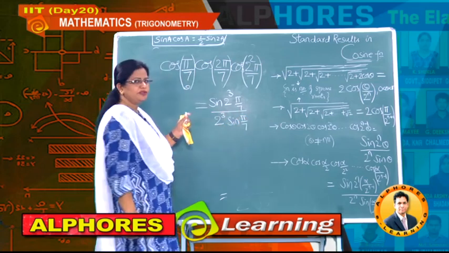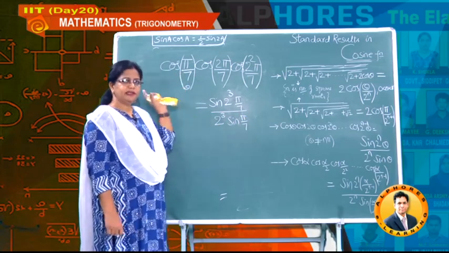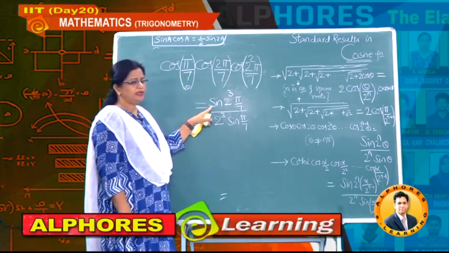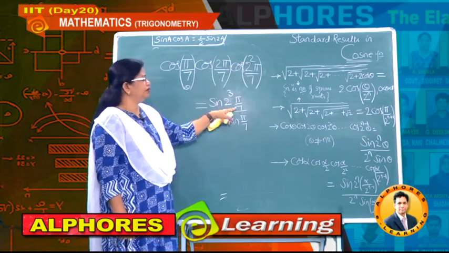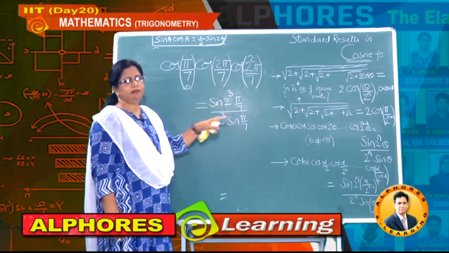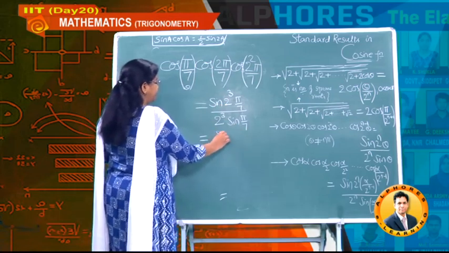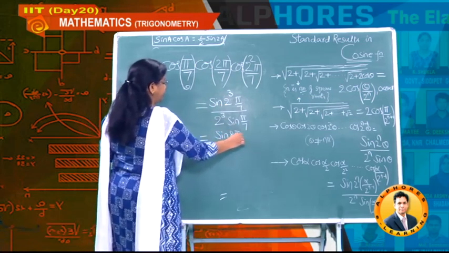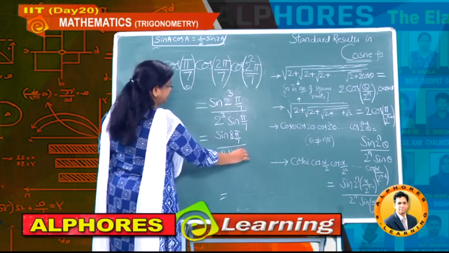Understand? So the theta in this problem is nothing but pi by 7. Therefore you got the sine ending with 2 square, continuation 2 cube, this theta is pi by 7, same 2 cube sine pi by 7. Now this is equal to sine 8 pi by 7 divided by the denominator, 8 times sine pi by 7.